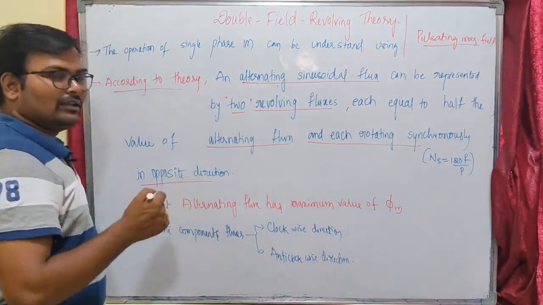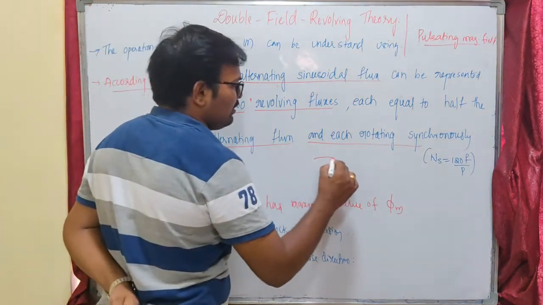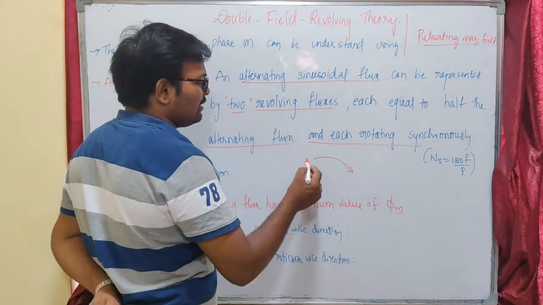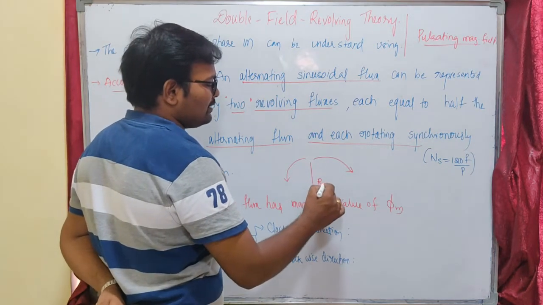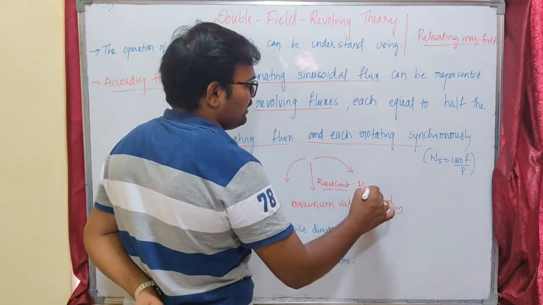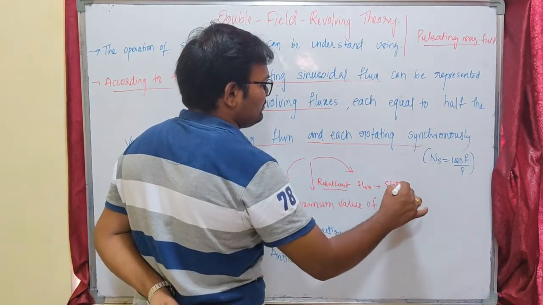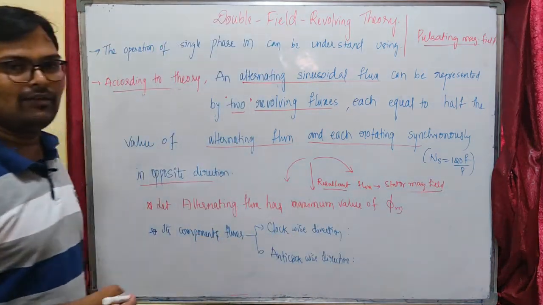That means they rotate at synchronous speed but in opposite directions. If one revolving flux rotates in the clockwise direction, the other will rotate in the anti-clockwise direction. The net of these two fluxes will give our resultant stator flux. The instantaneous resultant flux will give our stator magnetic flux, the stator magnetic field of our single phase induction motor.